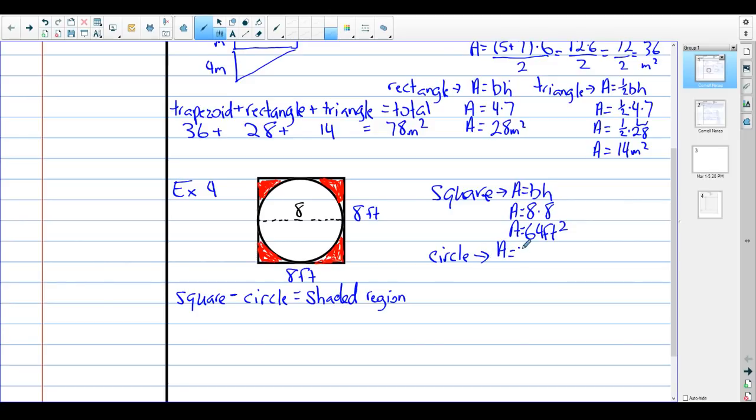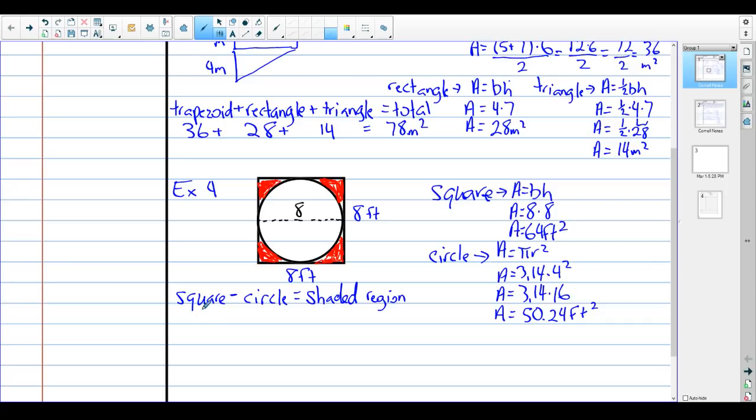We can use our pi r squared area. That's 3.14 times not 8 squared, but just 4 squared. 4 squared is 16, and 3.14 times 16 is 50.24.